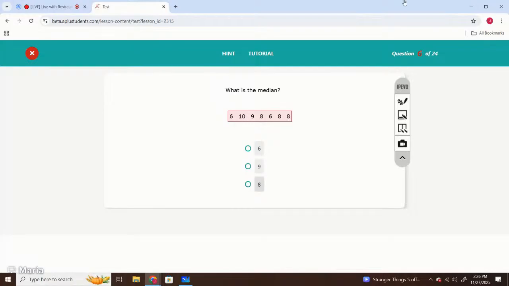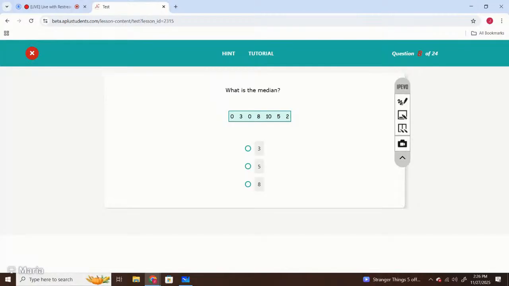The correct option is 8. What is the median? So the median is the number that divides the data into two equal groups. So what is the median? That is 0. Option number 1 is the correct option.